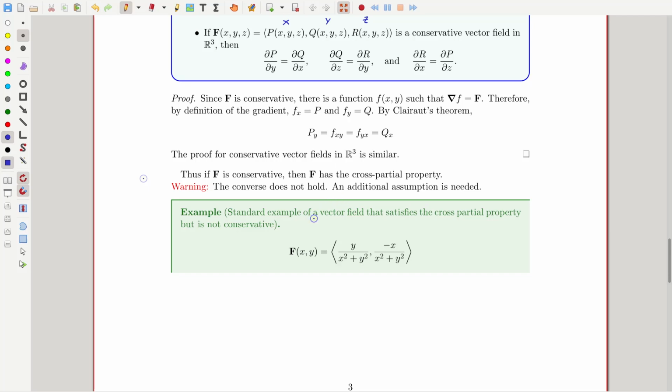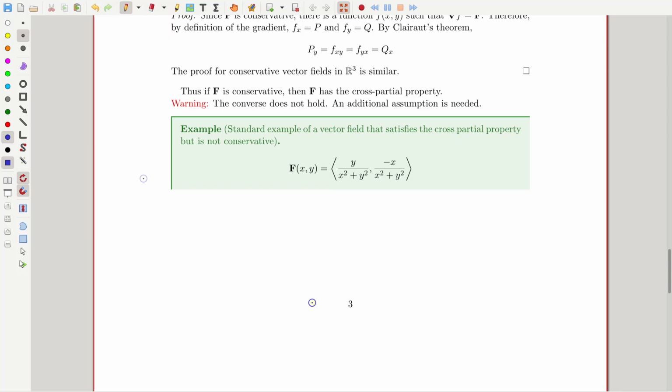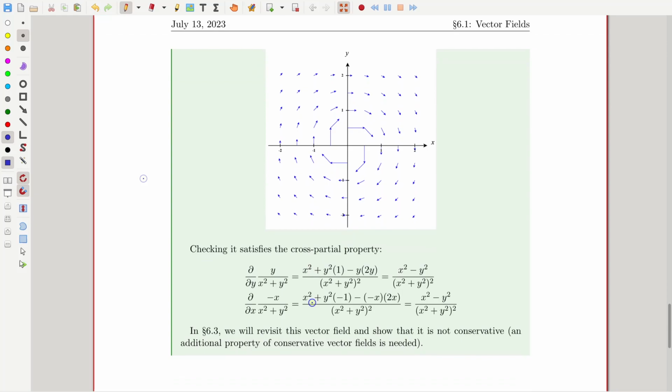There's a very standard example that illustrates this converse not holding, which is this example here. What we can do with this example is show that it satisfies the cross-partial property, but we're not going to be able to show that it's conservative right now. We'll have to show that later because we end up needing an additional property about conservative vector fields that we're not going to cover in this section.